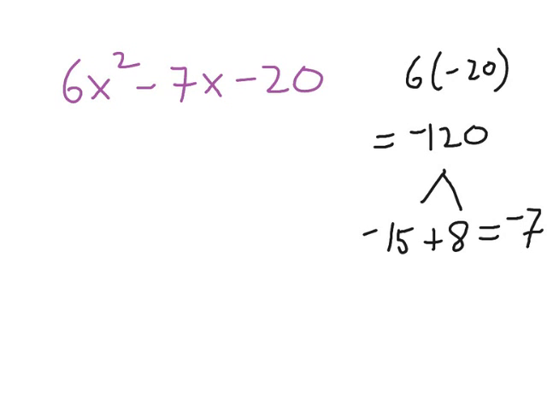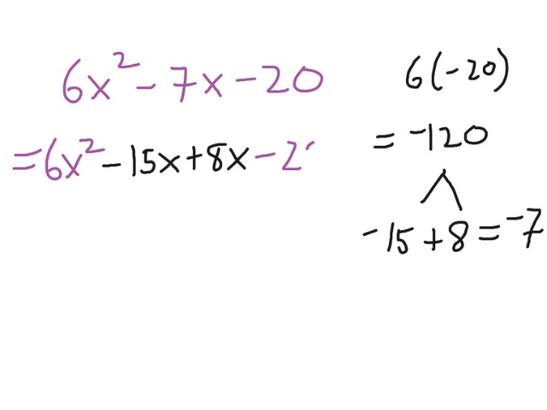Alright, so here's what we do. We go back to our original problem. We're going to have the 6x squared, but then we're not going to write negative 7x. We're going to replace it with our factorization. So we're going to have negative 15x plus 8x, and then the minus 20.